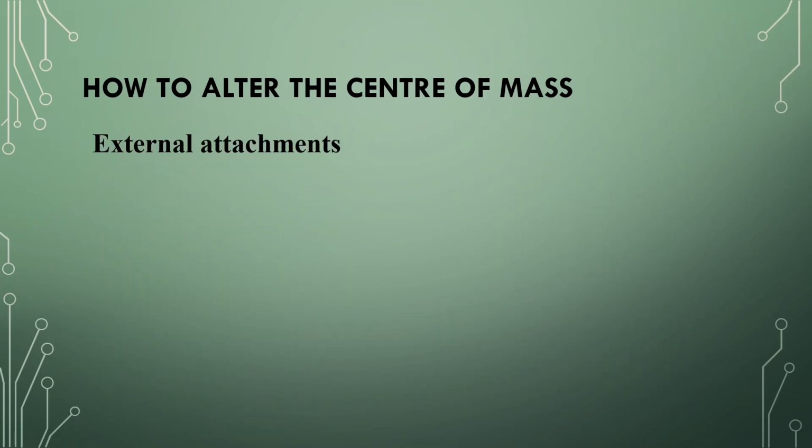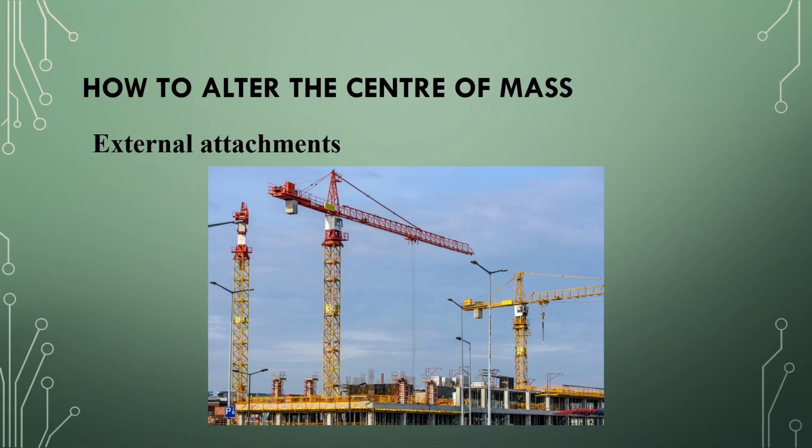The fourth one is external attachments. If you take the example of a crane here, a very heavy weight is attached to counterbalance, and it deliberately shifts the center of mass for balance or better performance.